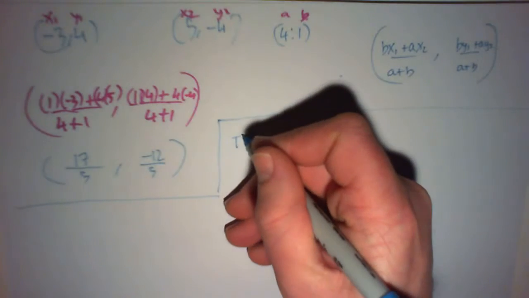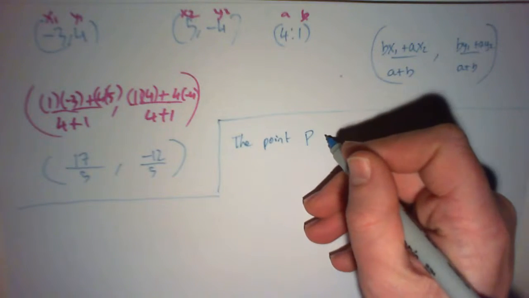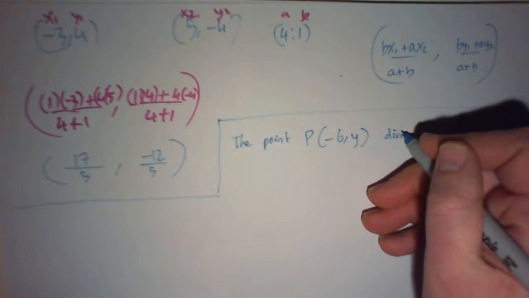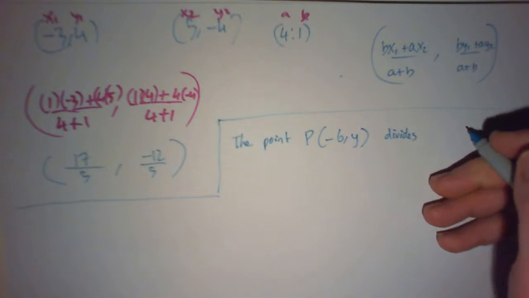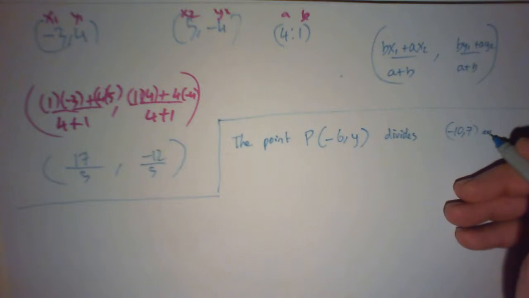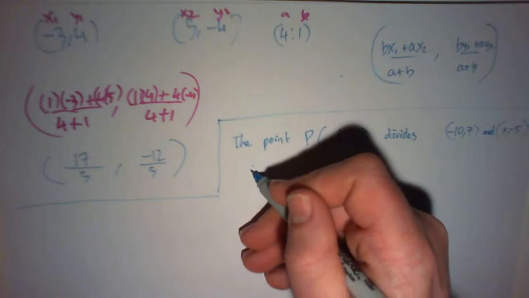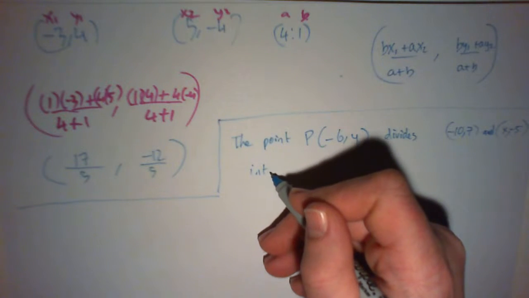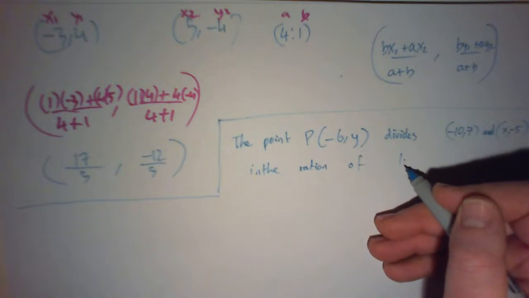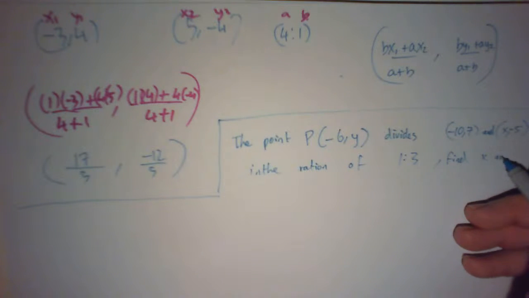So we have the point P, which is minus 6 and y, divides minus 10 and 7 and x and minus 5 in the ratio of 1:3. Find x and y.